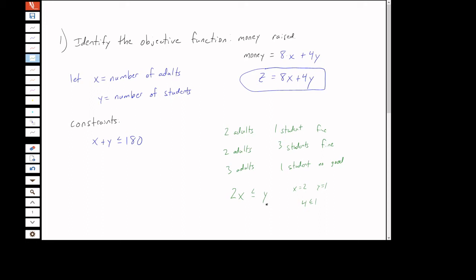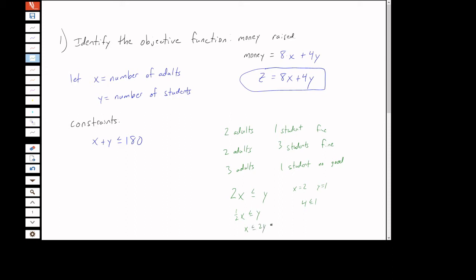Because what I want is for every 2 adults, I have to have at least 1 student. So if I want to think about parity here, there's going to be twice as many adults as students, or I have to cut the number of adults in half to be equal to the number of students. So we could think of it as 1/2 x, or you could think of it as x is less than or equal to 2y.